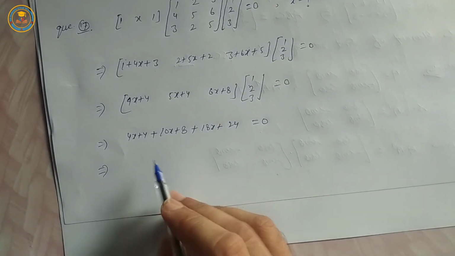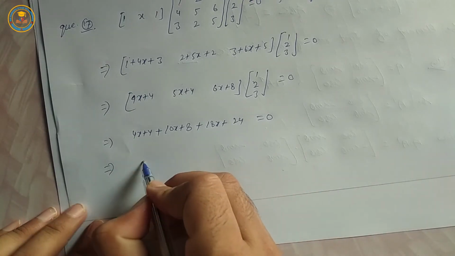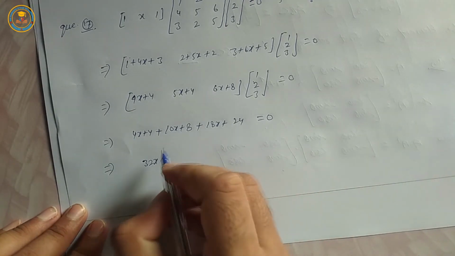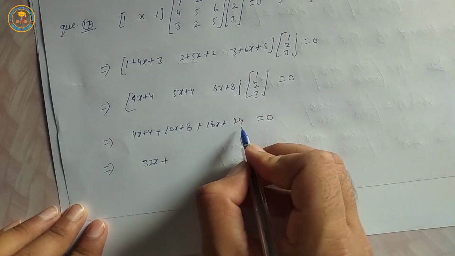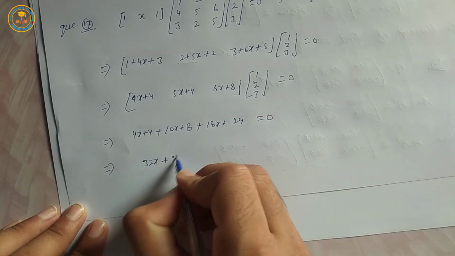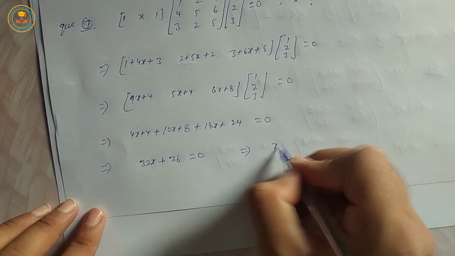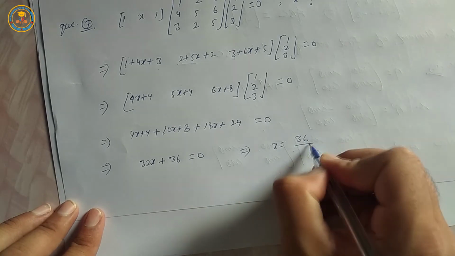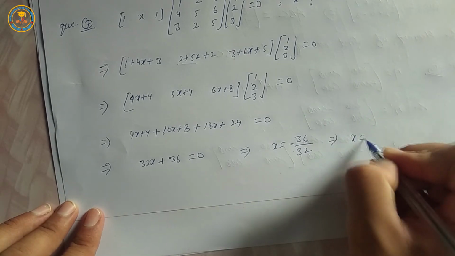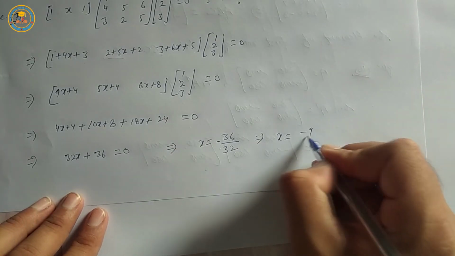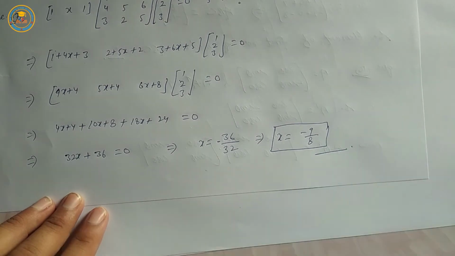Implies 4x plus 10x plus 18x is equal to 32x, plus 4 plus 8 is 12, 12 plus 24 is equal to 36, is equal to 0. Implies x is equal to 36 by 32. Implies x is equal to minus 9 by 8. Okay, that is the answer.